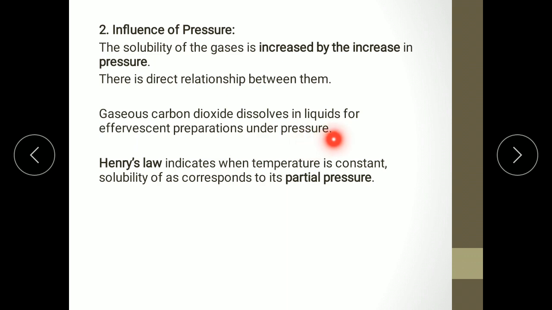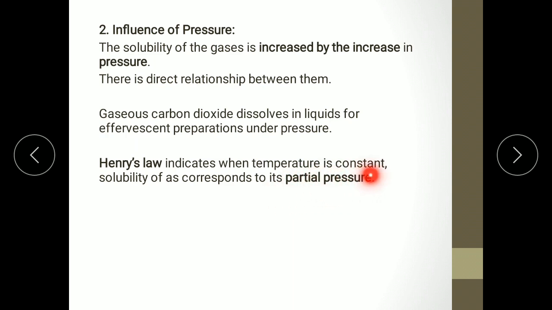Some formulations like aerosols and inhalants contain pressurized gases in the liquid system, like gaseous carbon dioxide dissolving in liquids for effervescent preparation. Now, Henry's law indicates that when temperature is constant, solubility of a gas corresponds to its partial pressure.